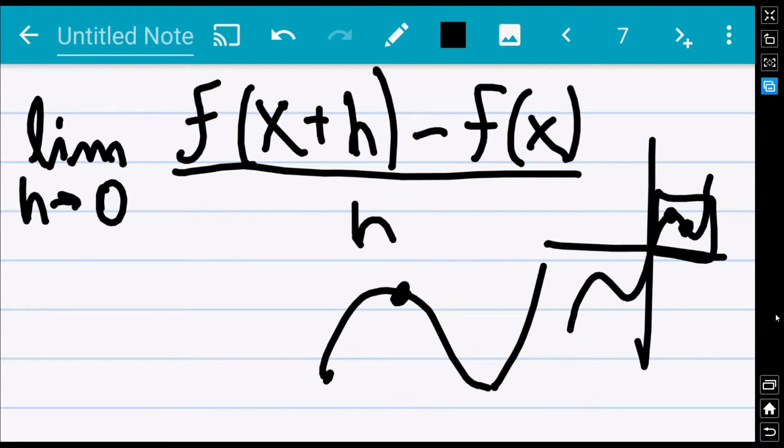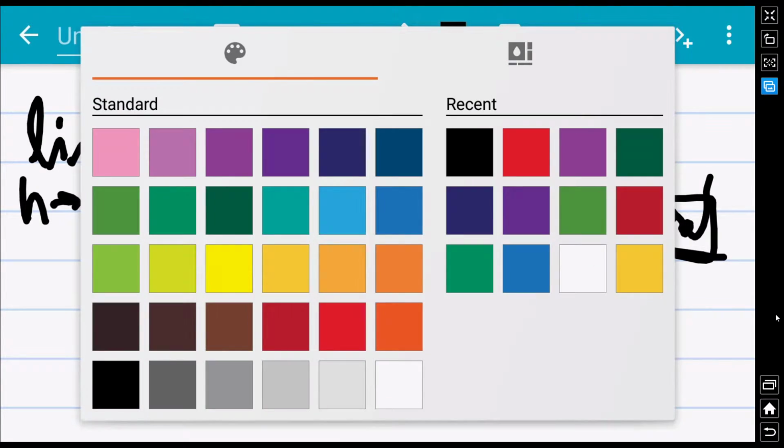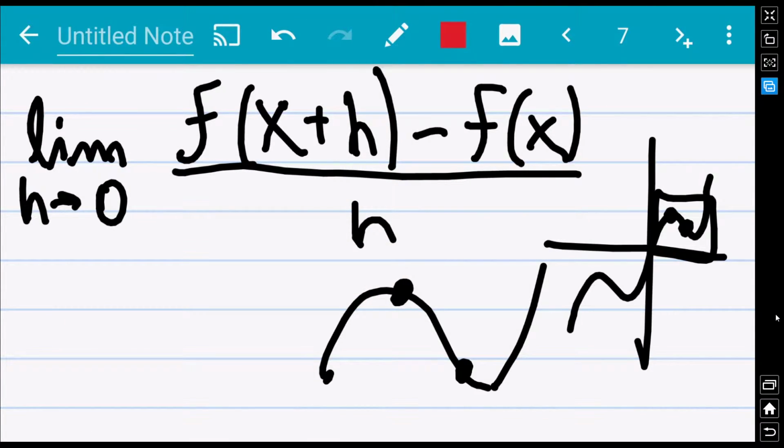We have a point here, we have a point here. Well, if we make our approximation, instead of 1, we make it 0.5, it's going to go here. And 0.3, it's going to go here. If our approximation goes to 0, then it's going to be on it. And then we can actually find the tangent.